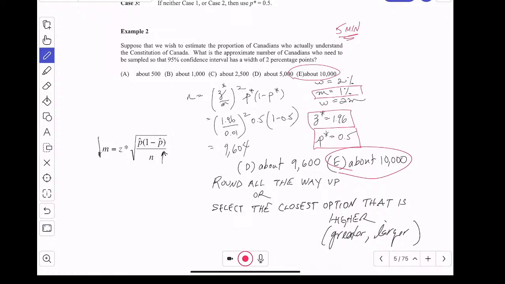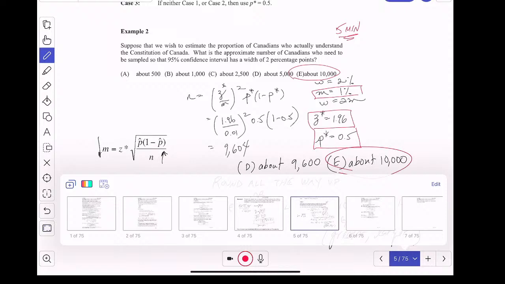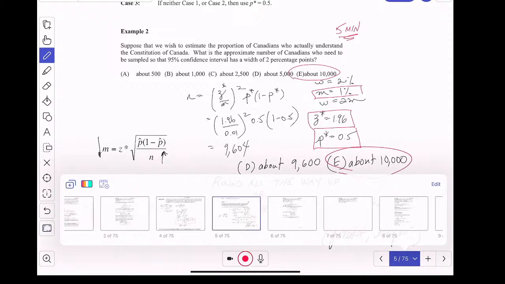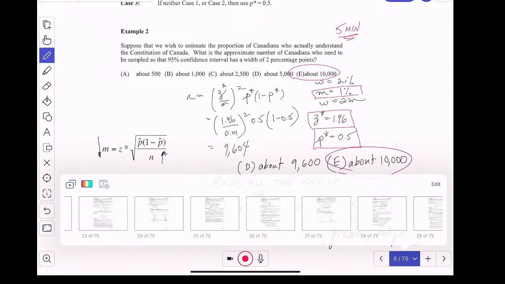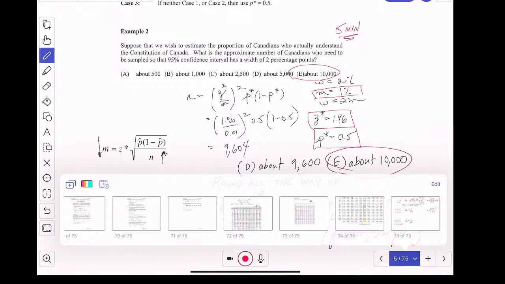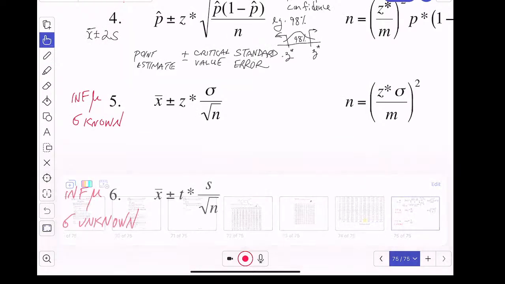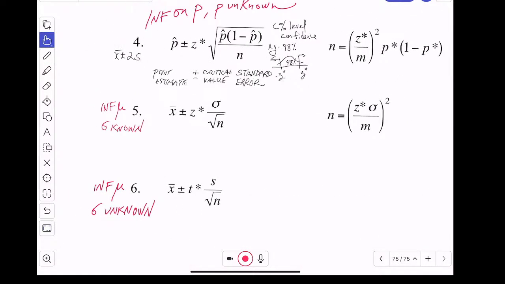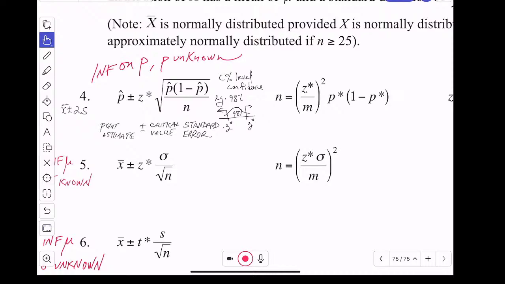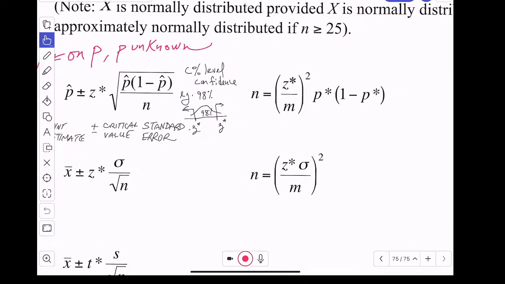So that's an example of the second formula in the row. Okay?